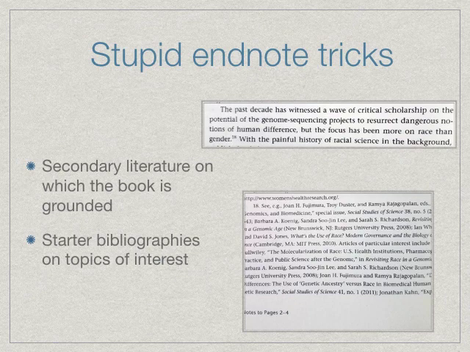So, for example, early in the book, she writes, "The past decade has witnessed a wave of critical scholarship on the potential of the genome sequencing projects to resurrect dangerous notions of human difference, but the focus has been more on race than gender." Now, if you happen to be particularly interested in things like genetic determinism and scientific racism, you might say, "Ooh, I'd like to know more about that.